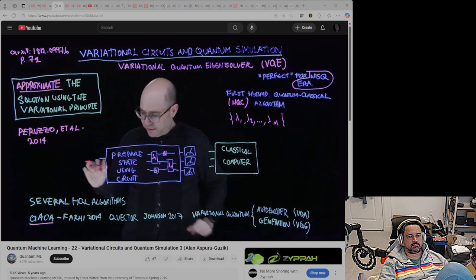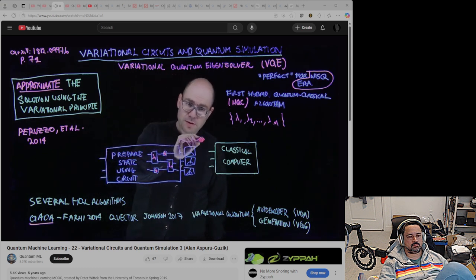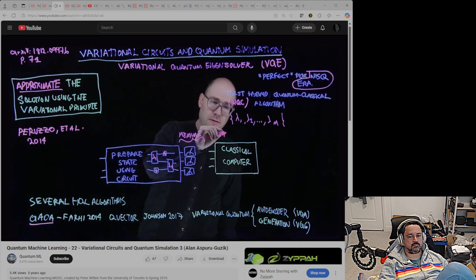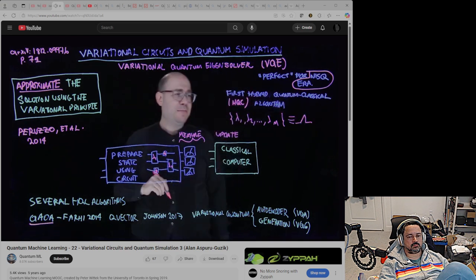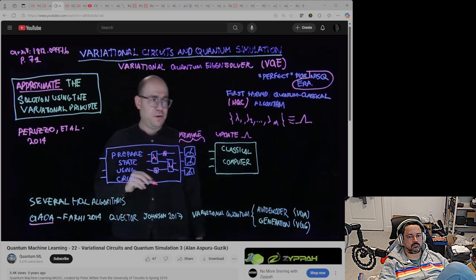You prepare a quantum state, that's the first phase. Then you measure. And then you're going to update the parameters. This big lambda is the parameter vector lambda that determines all the parameters of the wave function.